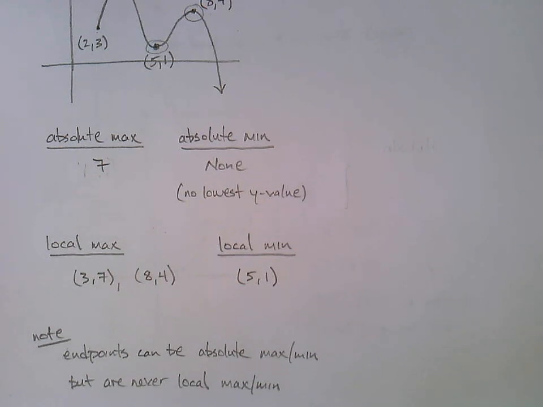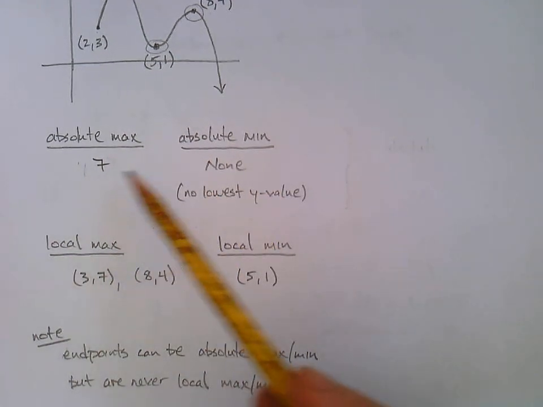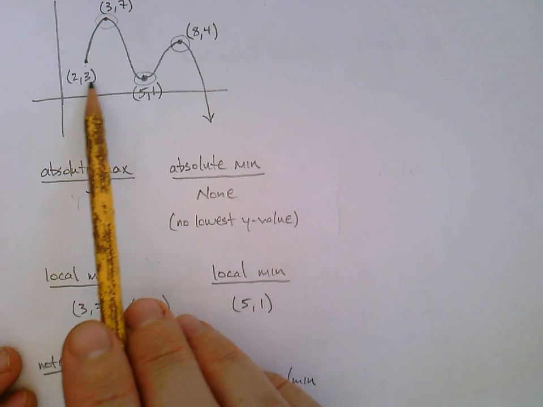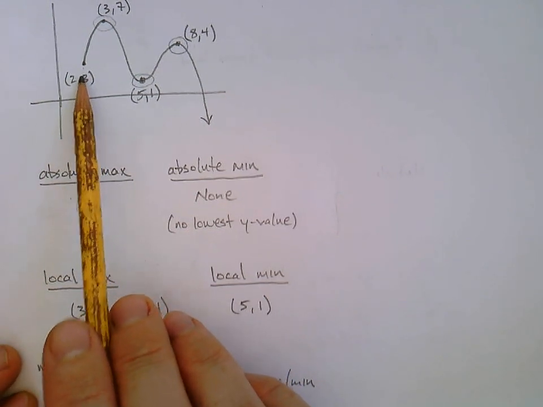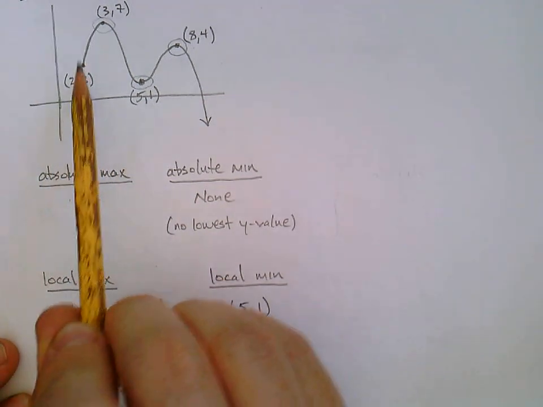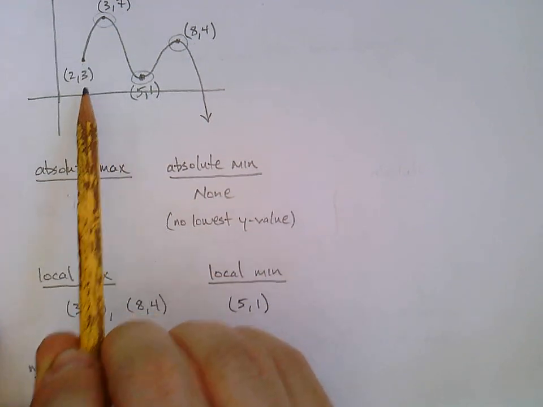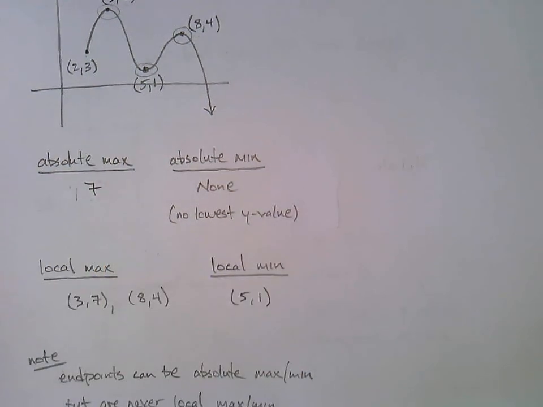It's not clear in the definition. There is a good reason behind it, and it has to do with calculus and derivatives, which we're going to get to in a moment. But just maybe keep that in mind. Absolute maxes and mins, it's only the y value, and it could be an endpoint. If that was the absolute min, and it just went up from here, let's say, then that's a possibility.